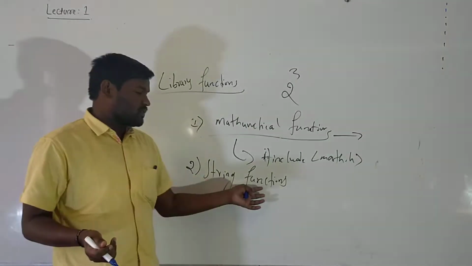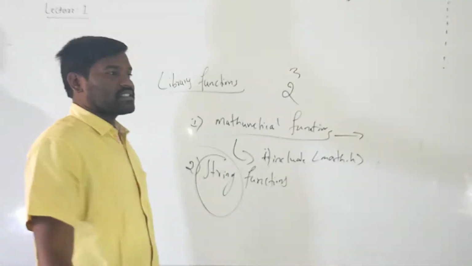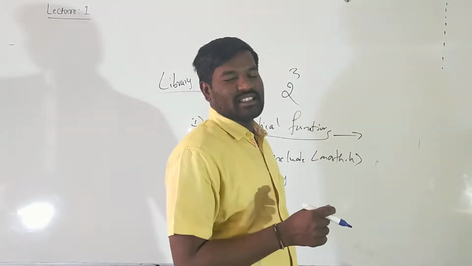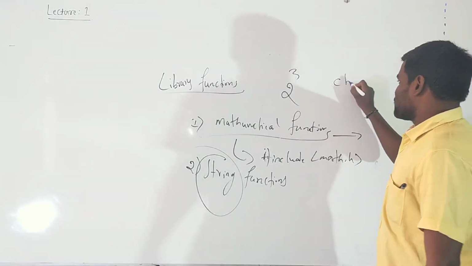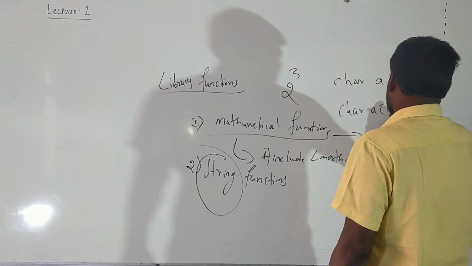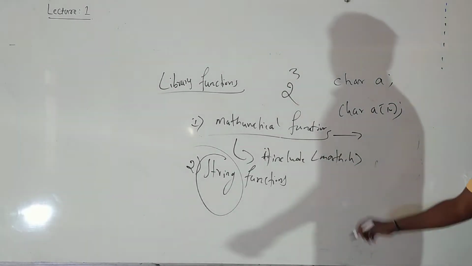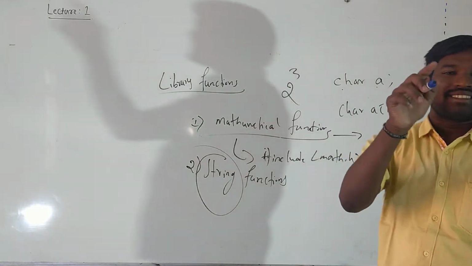Second one is string function. First of all, a string is a collection of characters enclosed within double quotes. There is a difference between char a and char a[10]. Char a means it will accept only a single character.